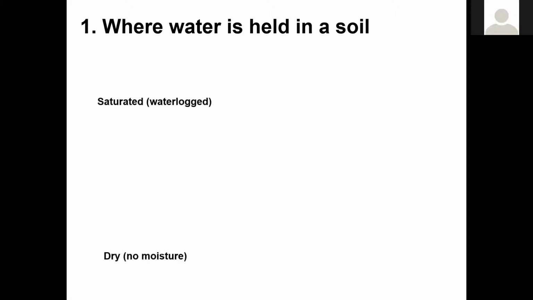If we think about a block or a column of soil, at one end of it is saturated, where every bit of airspace in that soil is filled up with water, and at the other end of that spectrum there is absolutely no moisture in the soil at all. That is, it's dried out as if you'd put it in an oven.